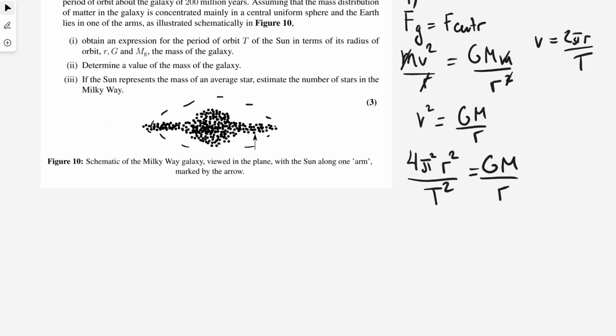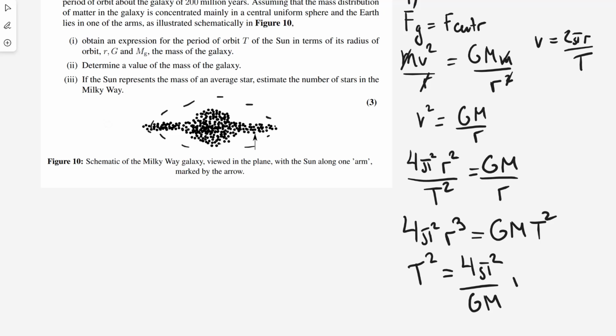Now let's do a little bit more rearranging. 4 pi squared r cubed will then be equal to GMT squared, which means that T squared will be equal to 4 pi squared over GM, r cubed.